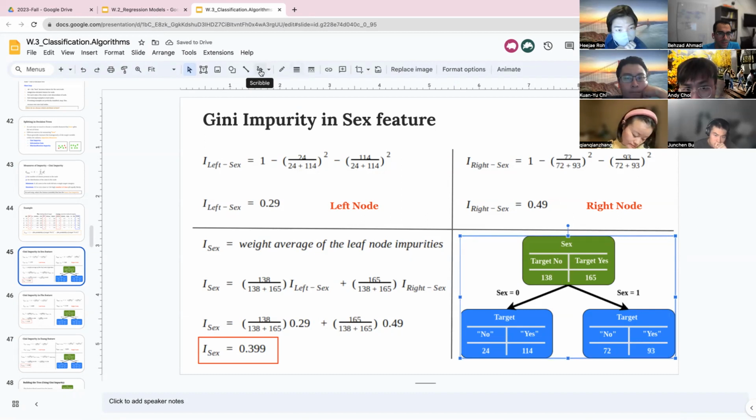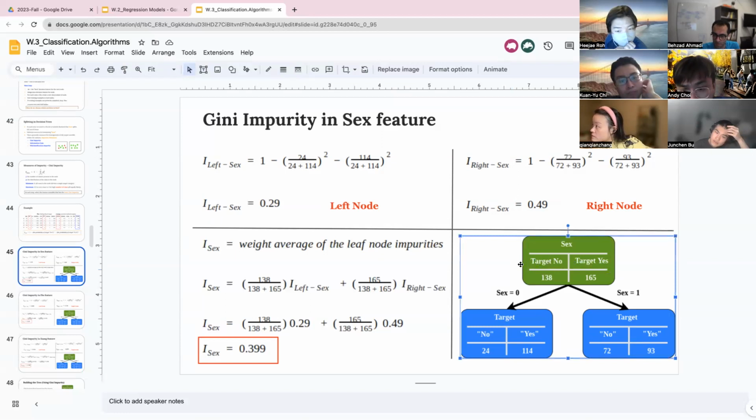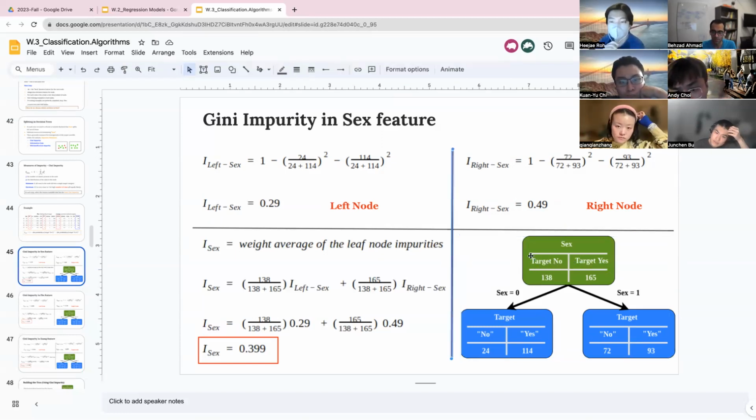If I understand correctly, we shouldn't have the yes and no here, right? We shouldn't have target over there, because under the sex there is either male or female, and out of those, males will have the target. Exactly. Okay, actually, let me see if there is an annotated version.